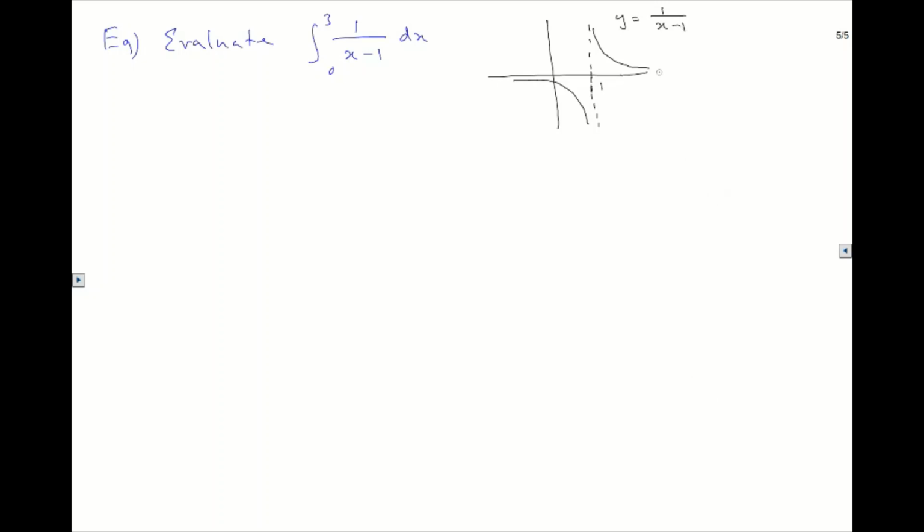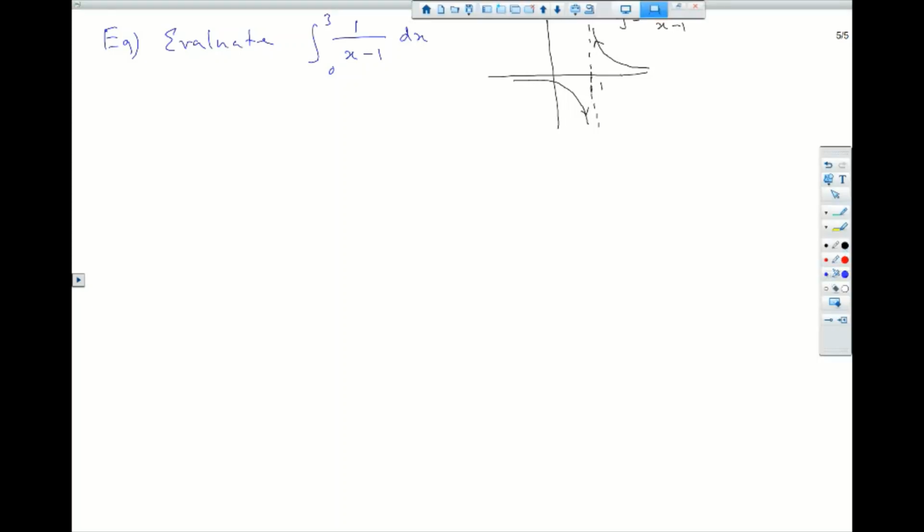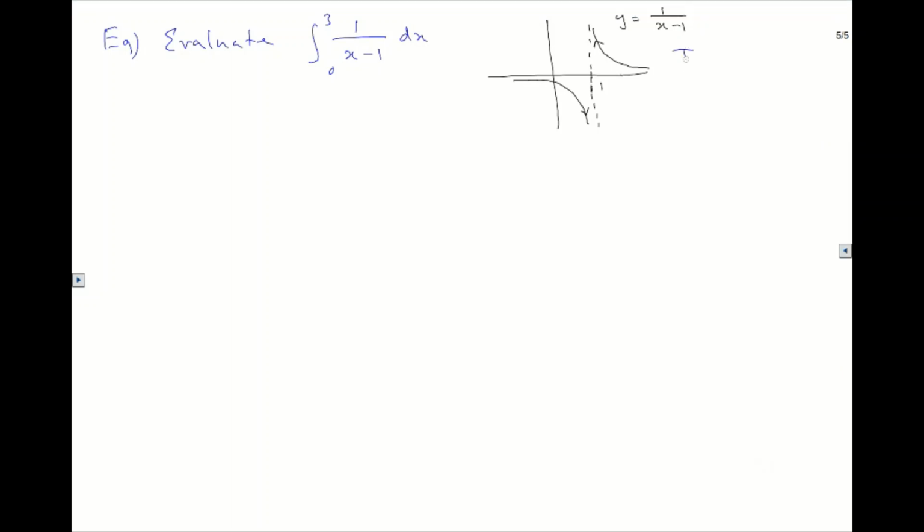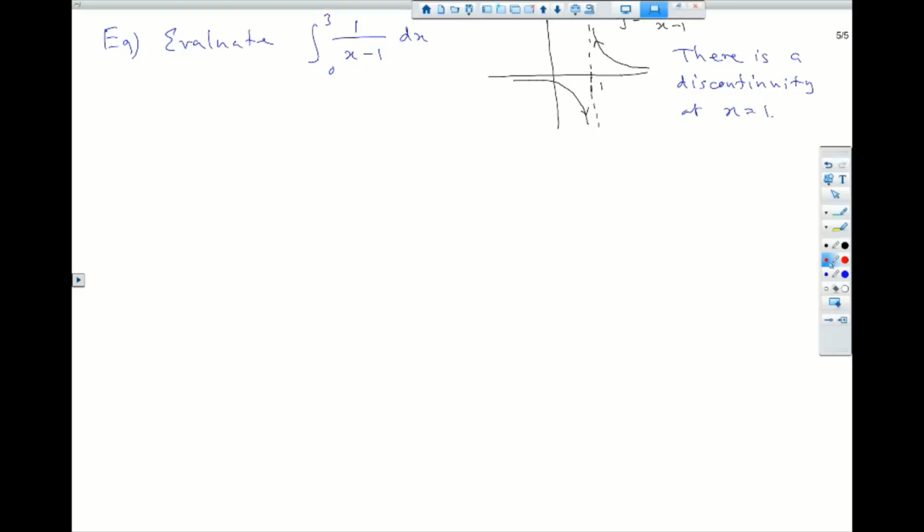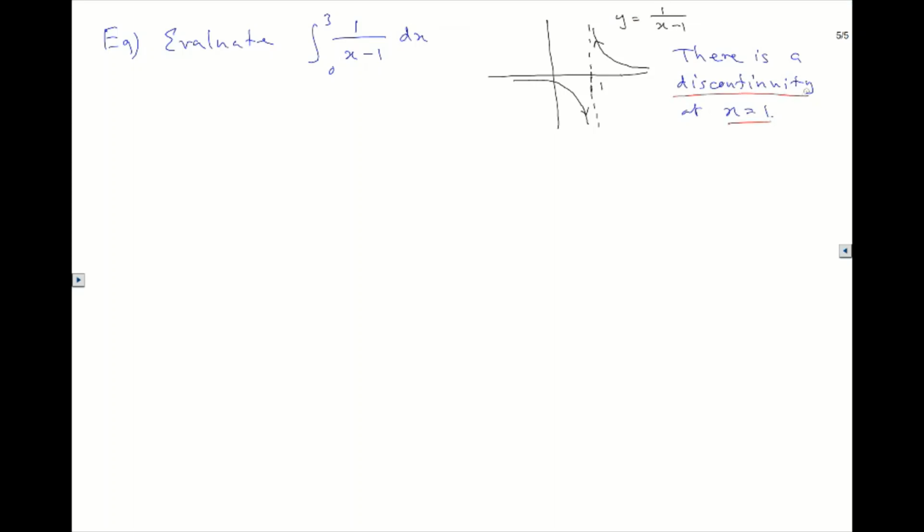You can see that this graph goes to infinity this way, and goes to negative infinity that way. So there is a discontinuity at x equal 1, and that's inside the interval.